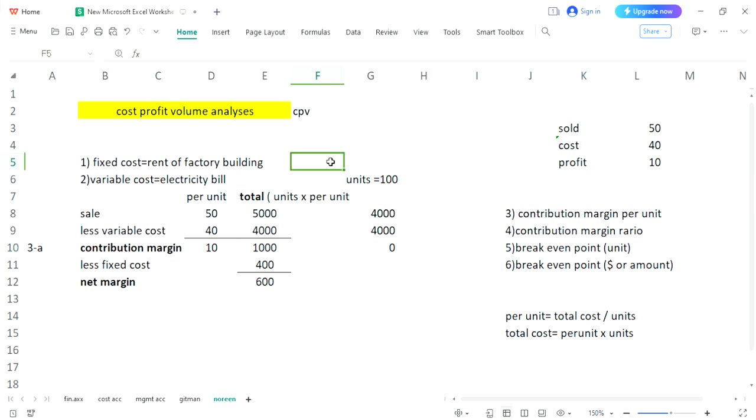If you want to calculate your total cost, you will have to add two main costs: fixed cost, and then you will add in this fixed cost your variable cost, you will get total cost.